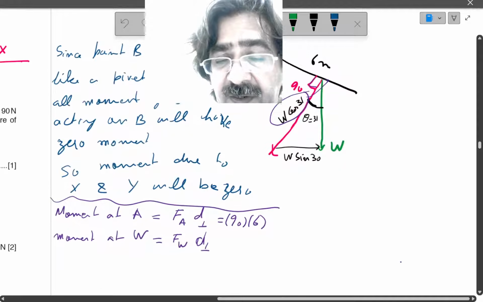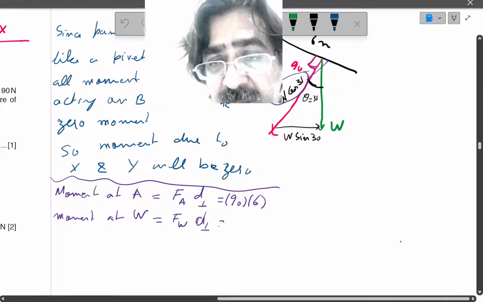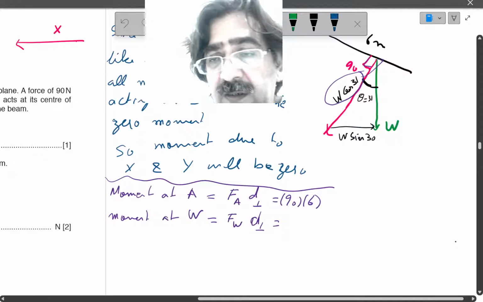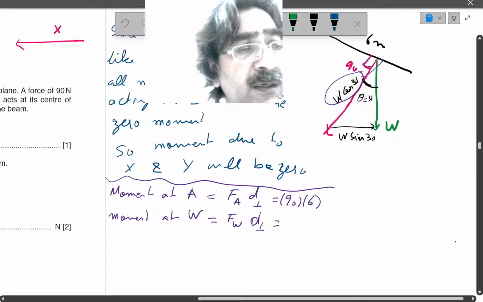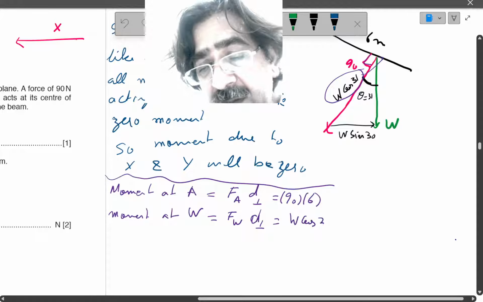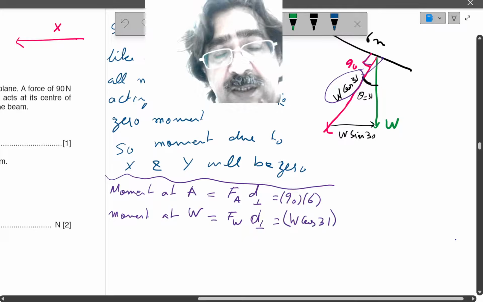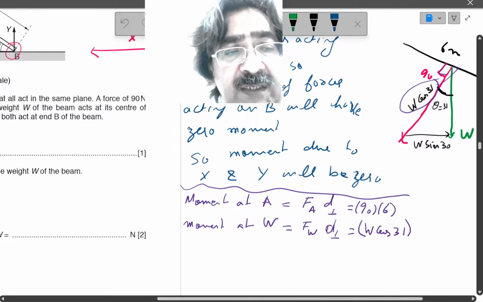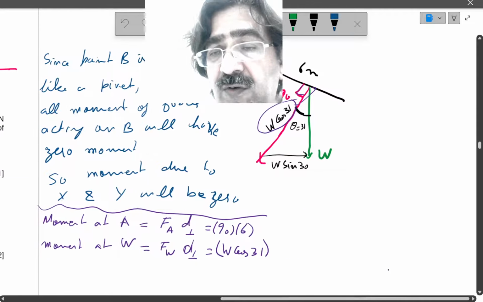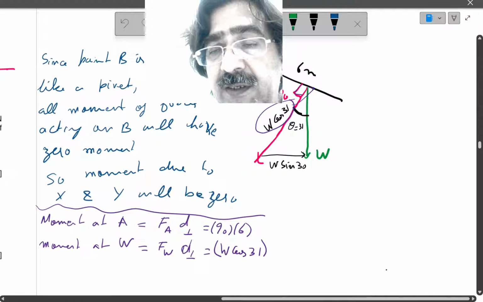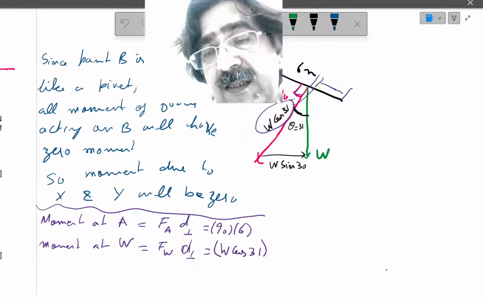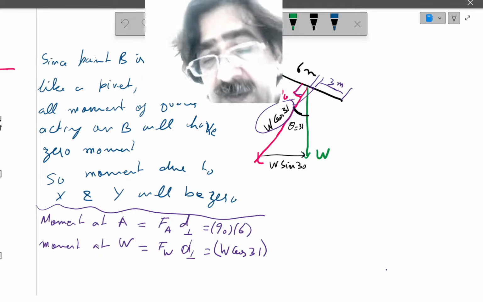So the perpendicular component will be W cos 31, and since the length of the rod is 6, that length will be 3 meters, half of it.